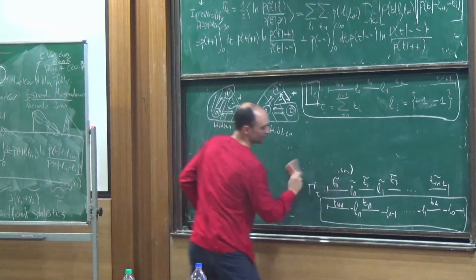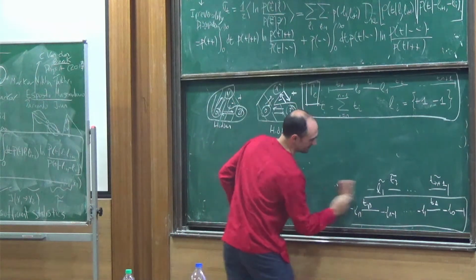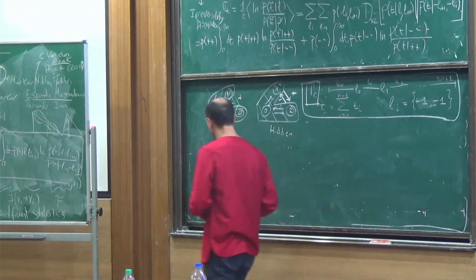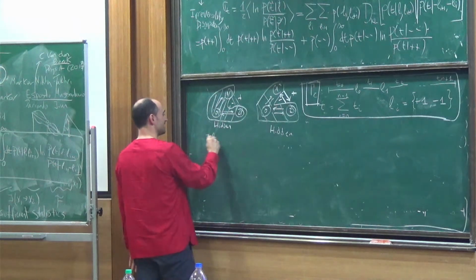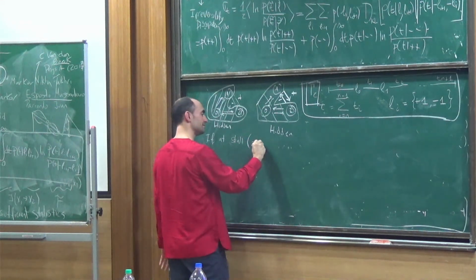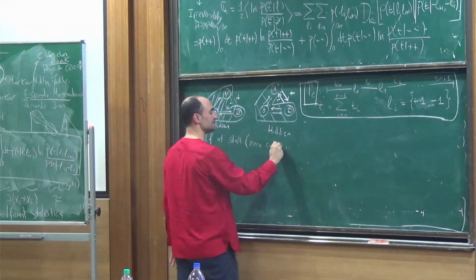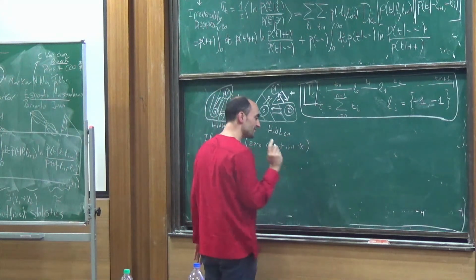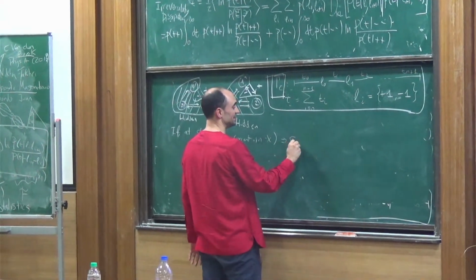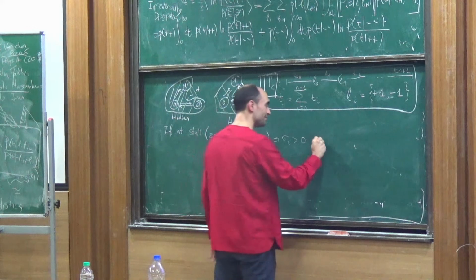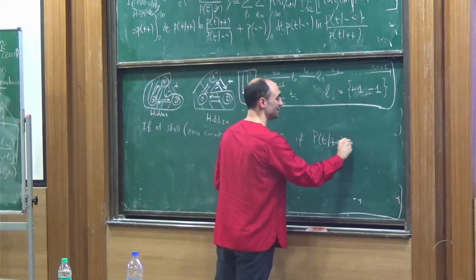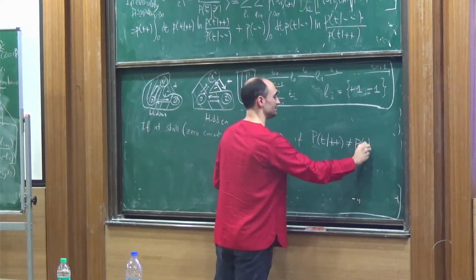So the main message from this part is: if we are at stall, there is no zero current, yet we can predict irreversibility. We will predict sigma t greater than 0 if P(t++) is different to P(t--).